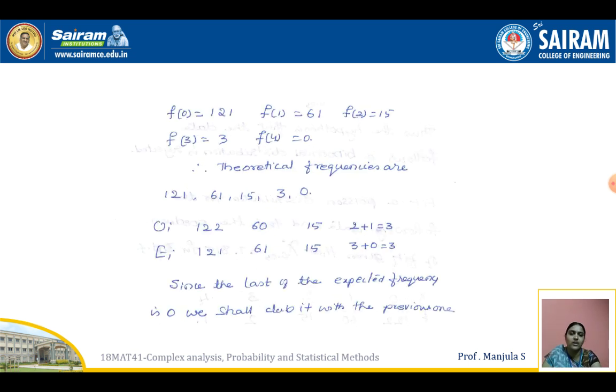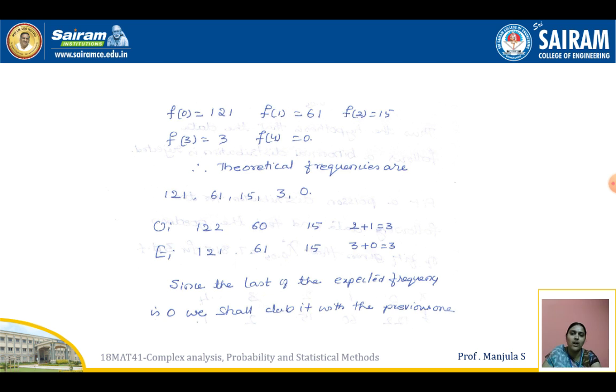This is our f of x. For that f of x, substitute x equals 0, 1, 2, 3, 4. We get the corresponding theoretical frequencies. In whole numbers, that is 121, 61, 15, 3, 0. This is our theoretical frequency.